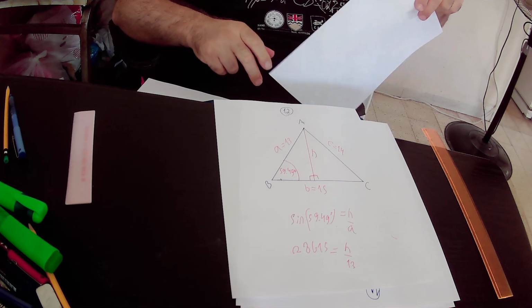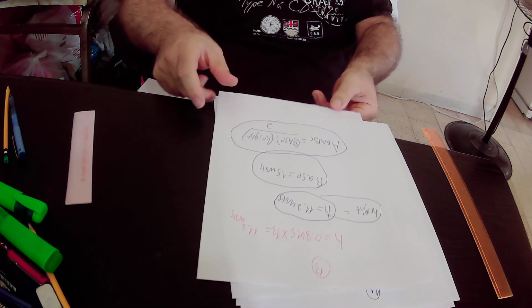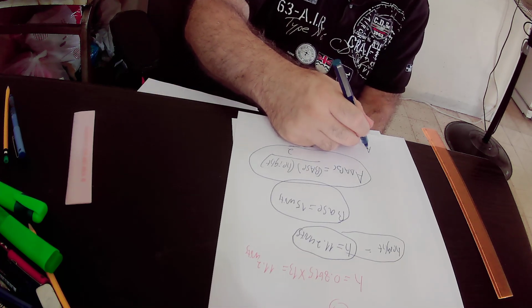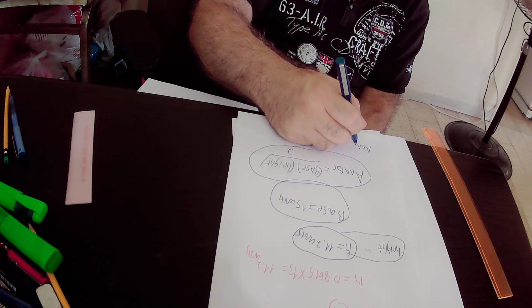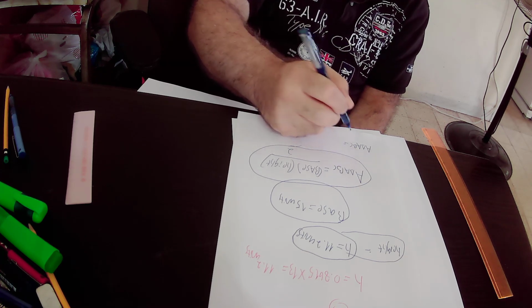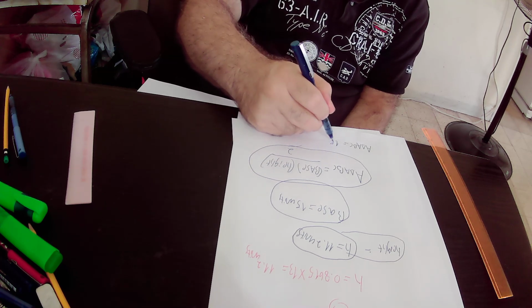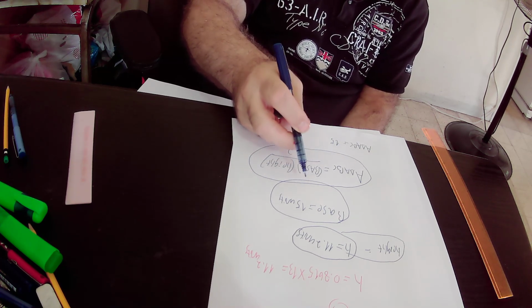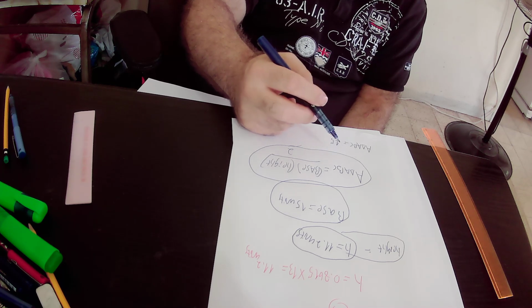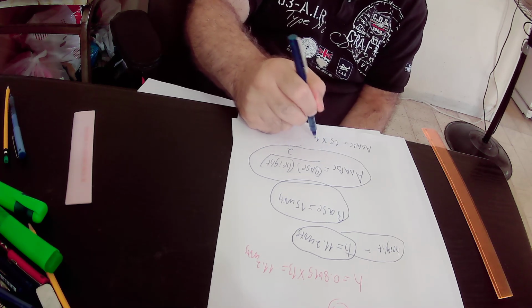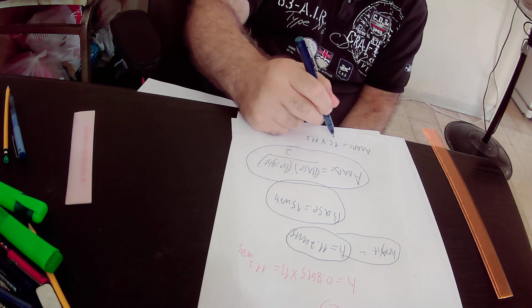Okay, so the area of triangle ABC will be equal to the base, that is 15 units, times the height to that base that creates 90 degrees with the base, that is 11.2 units, over 2.